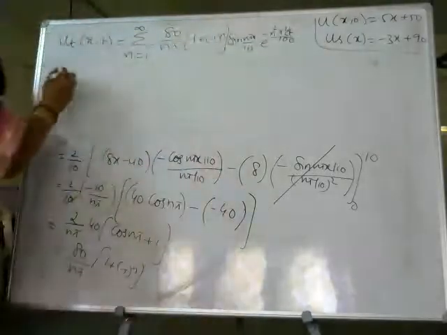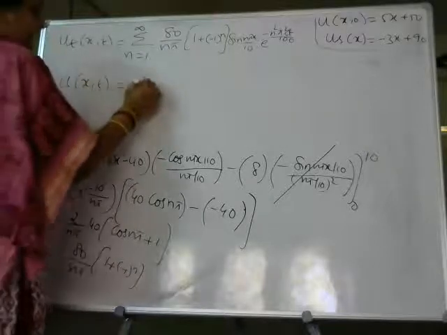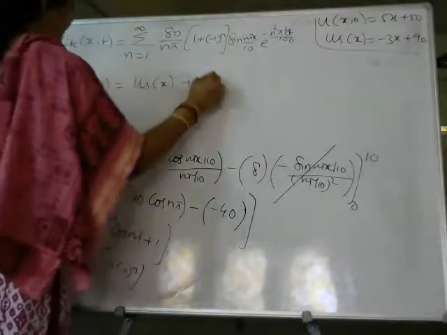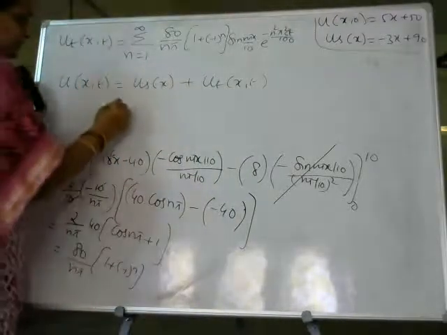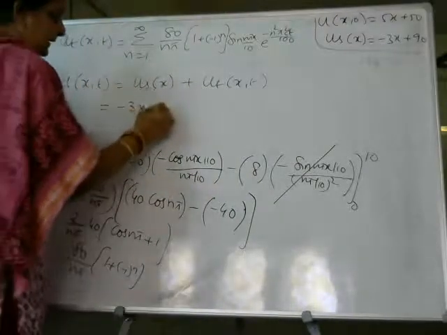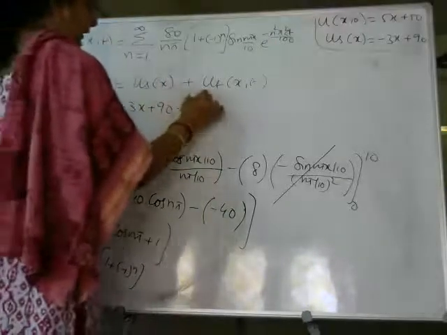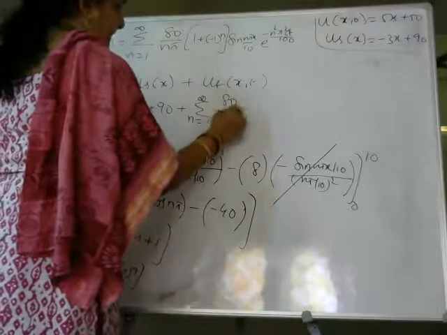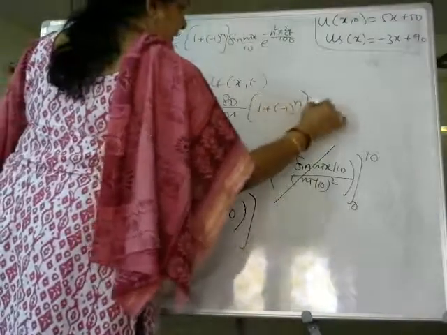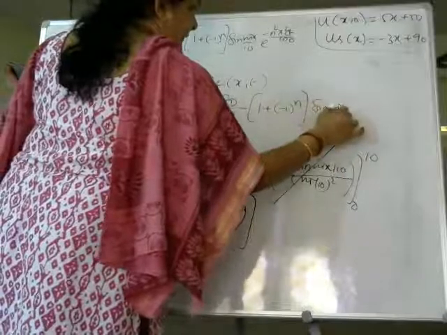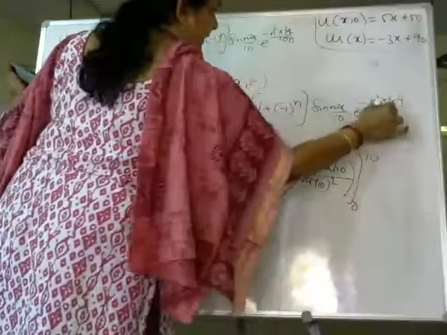So what is the complete solution we have written? The complete solution is the steady state solution plus the transient state solution. So we join both the values to get the complete solution, which is minus 3x plus 90 plus sigma n equal to 1 to infinity of 80 by n pi into (1 plus (minus 1) power n) sin n pi x by 10 e power minus n square pi square c square t by 100.